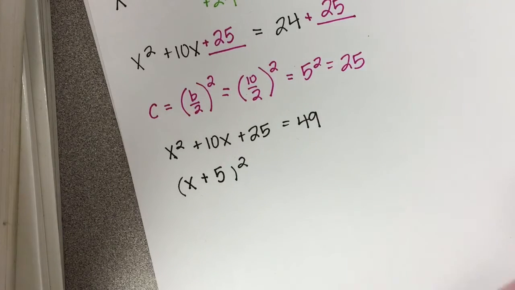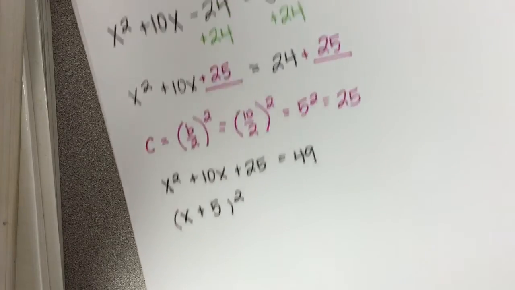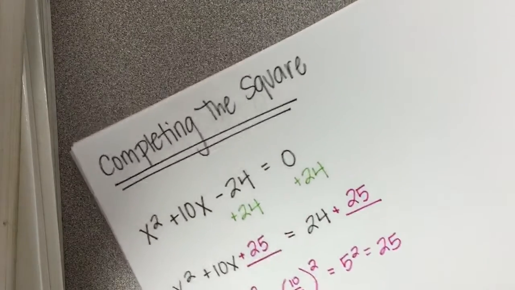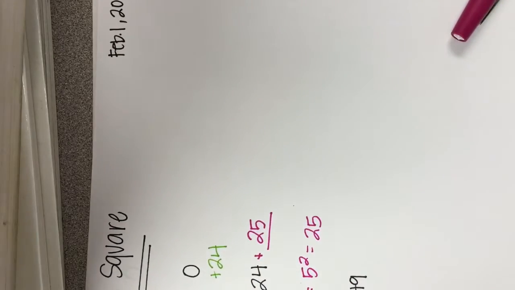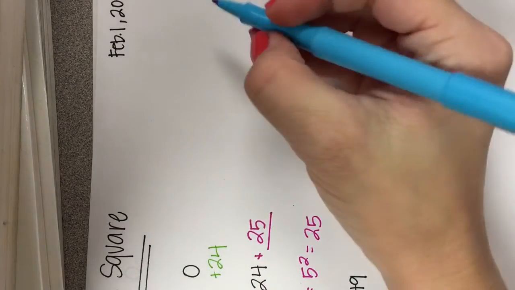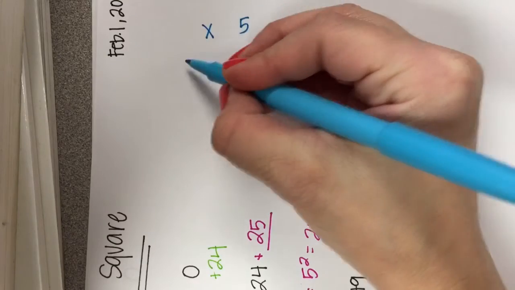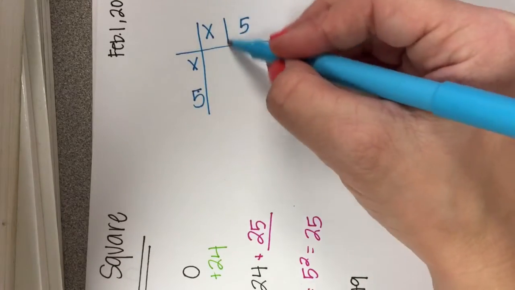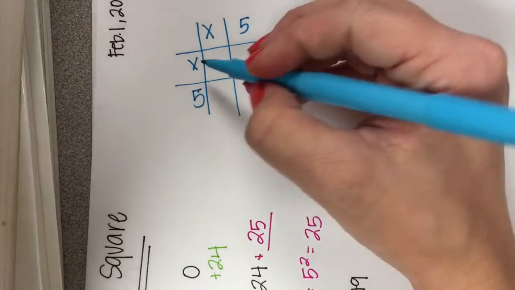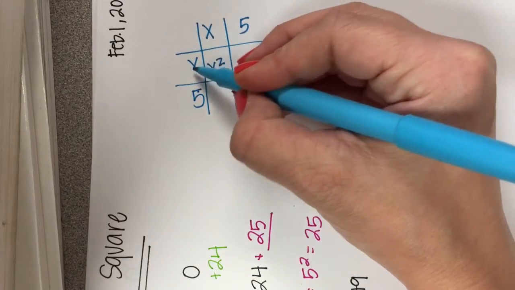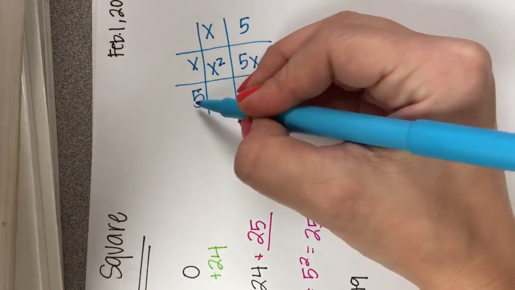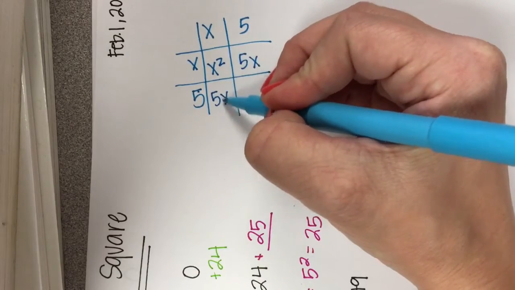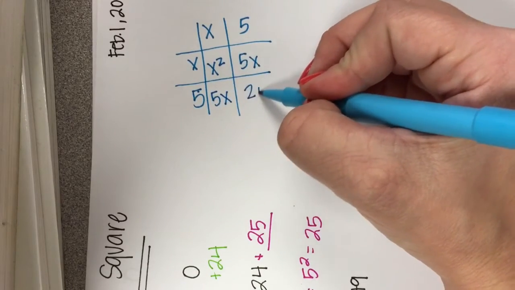In case you're wondering how that works, sorry, I have my iPhone propped up onto a bunch of books. So x plus 5 and x plus 5. Just like last chapter, x times x is x squared, x times 5 is 5x, 5 times x is 5x, and 5 times 5 is 25.